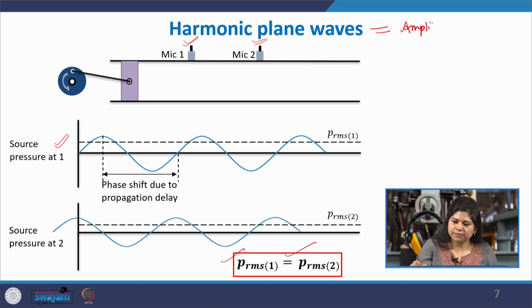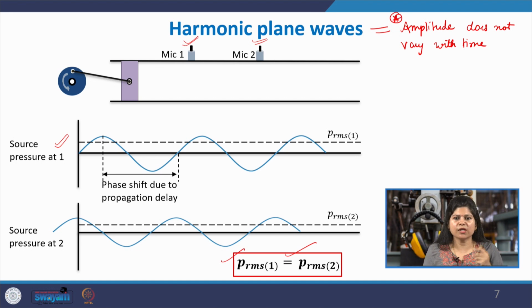So, that is what I was trying to illustrate: for plane harmonic waves, the amplitude does not vary with time. This is a very important property, because when we study spherical waves and cylindrical waves in further lectures, we will see that not every kind of wave has a constant amplitude with space and time.